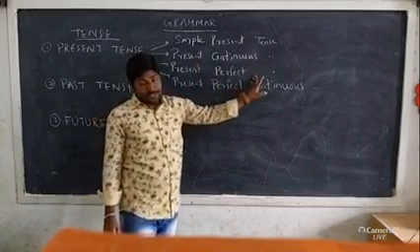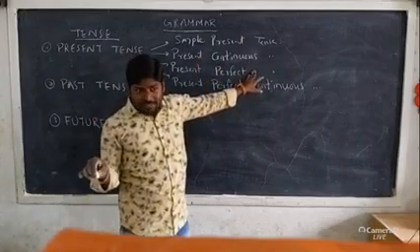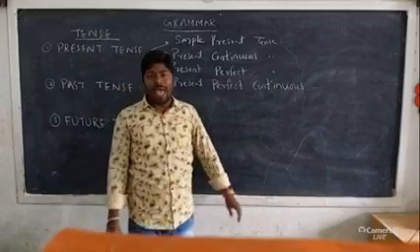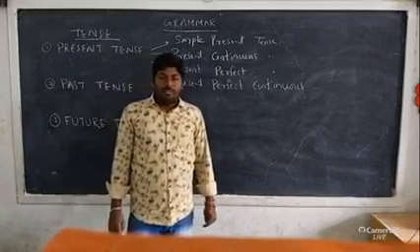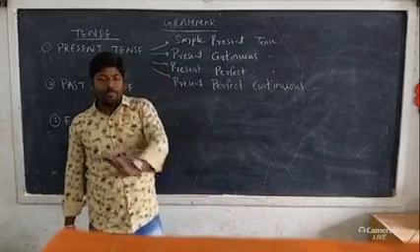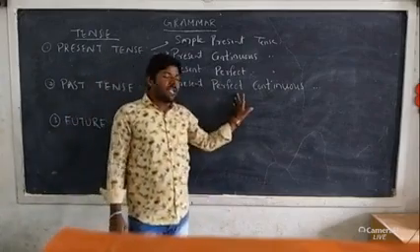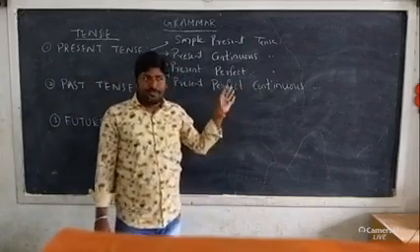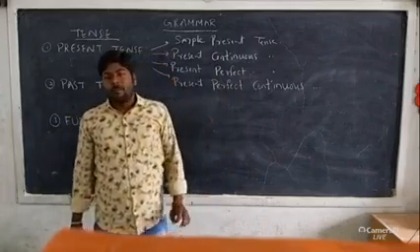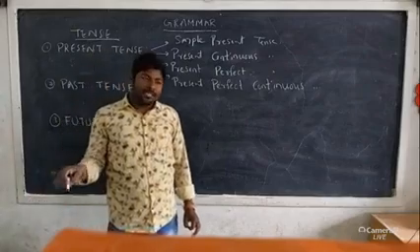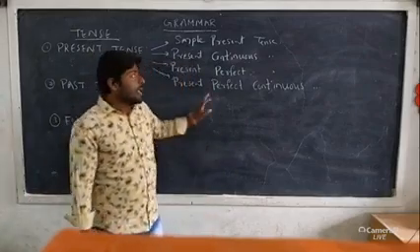Present perfect tense has the structure: subject plus has, have plus third form, past participle, plus object. In the same way, present perfect continuous tense: subject plus have been or has been plus first verb in ing form plus object.